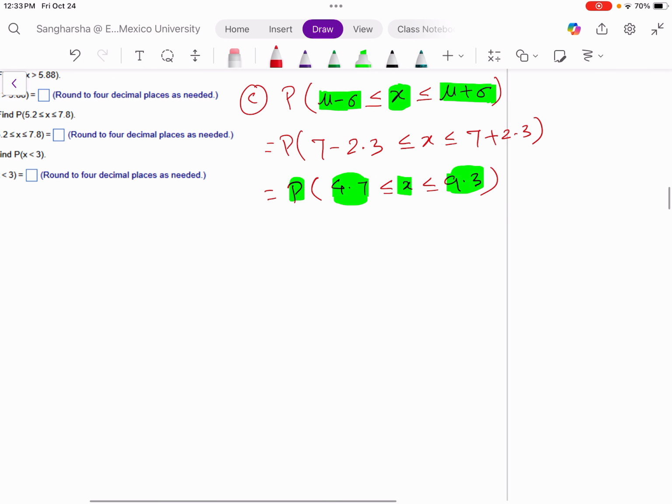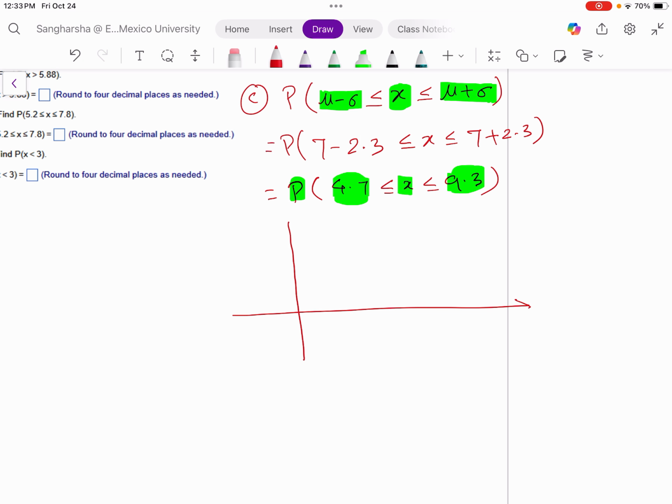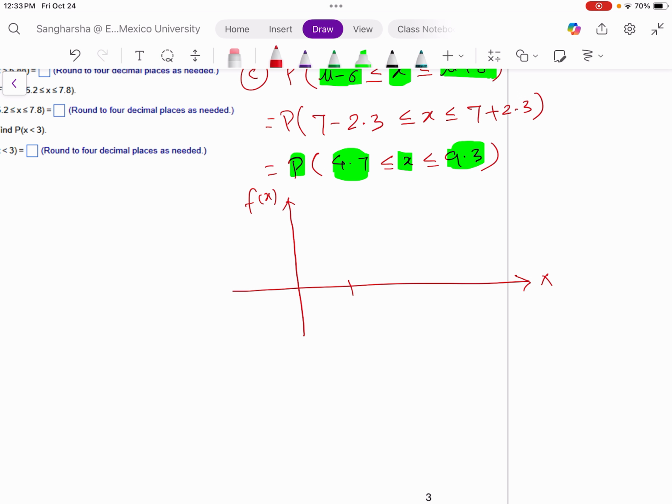For that we need the uniform distribution, and our uniform distribution is a rectangular shape. So this is our f of x. We know our f of x is 1 over 8, so we get a straight line starting from 3 and ending at 11. Let's say this is 3, this is 11, and this is 1 over 8.